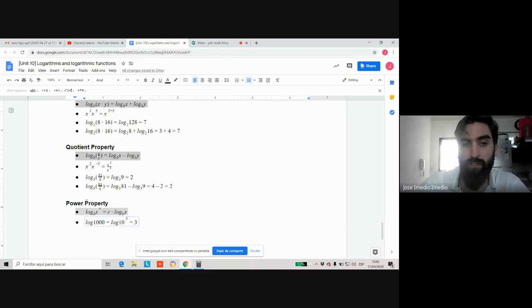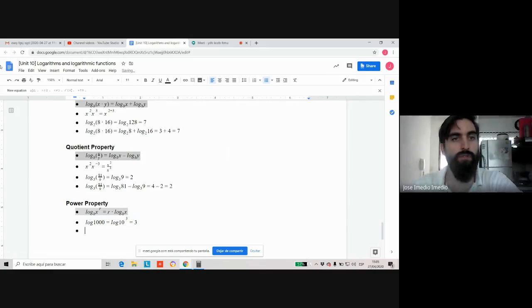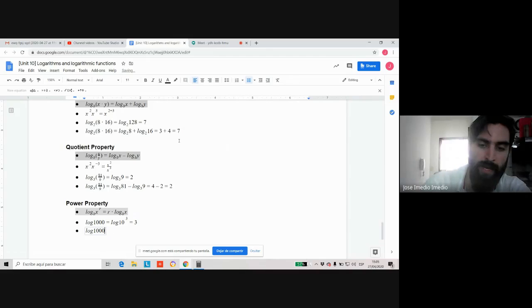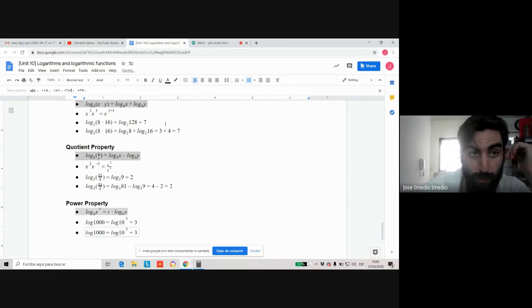Let's do it like in the previous ones. We solve it in both ways. So this is 3. Okay. And down here I'm going to say the common logarithm of 1000 is the same as the logarithm of 10 raised to the third power. And this is the same as 3 times the common logarithm of 10.